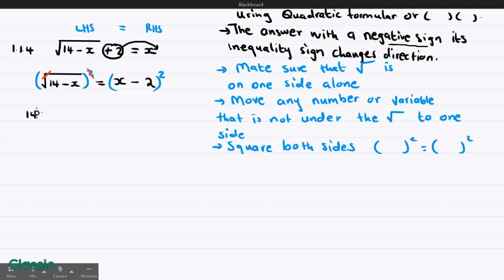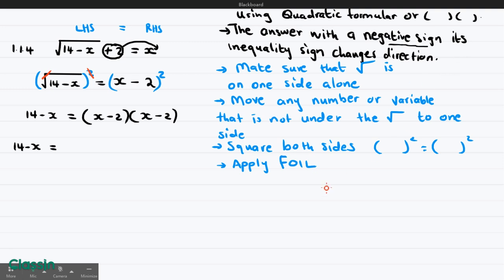14 minus x equals. But because we have squared this, it means that now we have developed two brackets of the same nature. Now, when we do this, it means that we can still say 14 minus x, and then from there, we apply what we call FOIL.